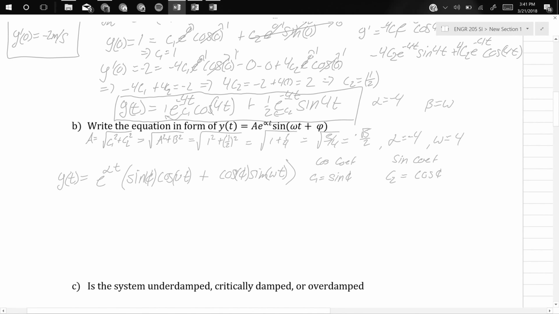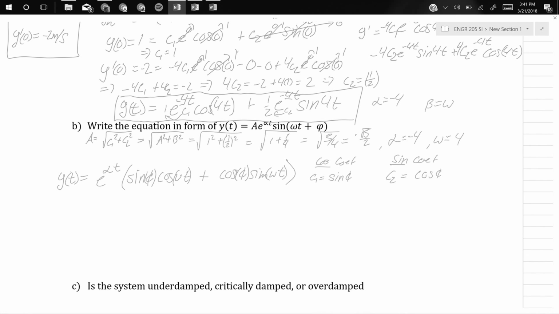A good way to remember that is that your coefficient equals the opposite function of phi: cosine's coefficient is sine phi, and sine's coefficient is cosine phi. And you just equate your coefficient to that to solve for it.